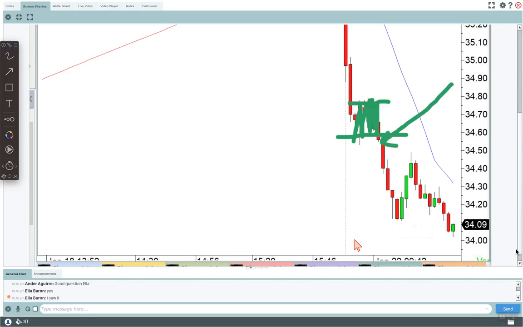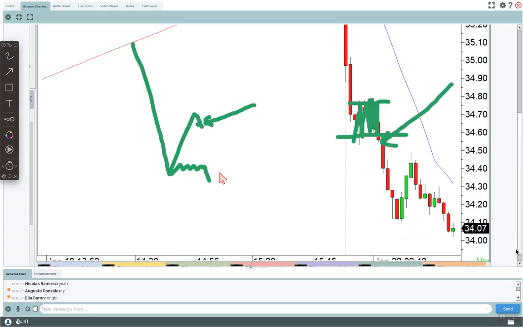You see? Does that make sense? So the same way you would short here, you would short here. It's the same. Or GBI, of course.